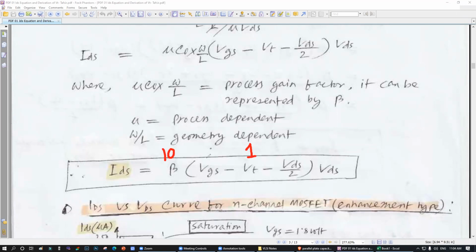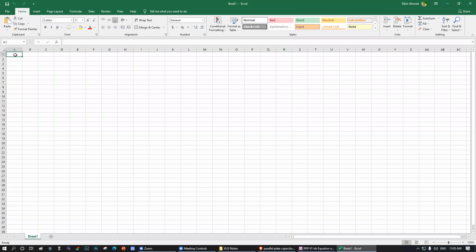Okay, let's say our VGS is equal to 4 at the beginning. Now we will vary the VDS only. So here your VDS, let's write the VDS here. Now let's find out the IDS when your VGS was 4 volt, right?